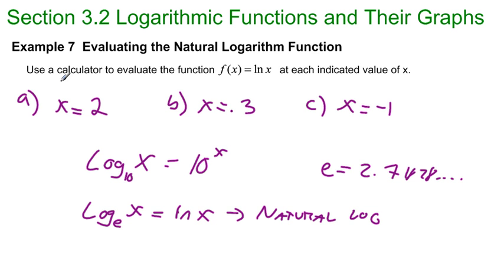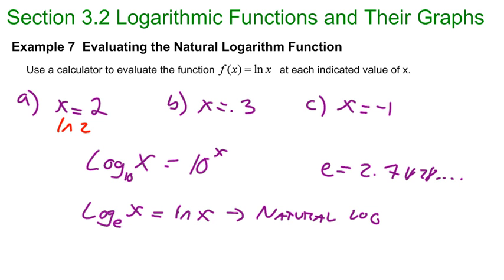So if it says evaluate ln of x, and x is 2, all they want us to find is the ln of 2. The ln button is right below the log button on the left-hand side of the calculator.